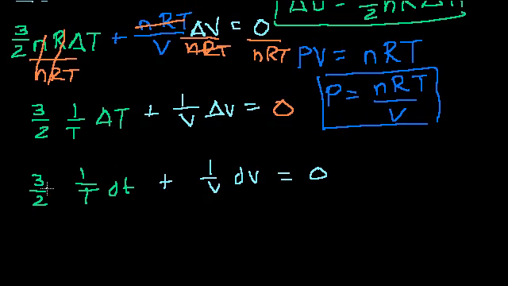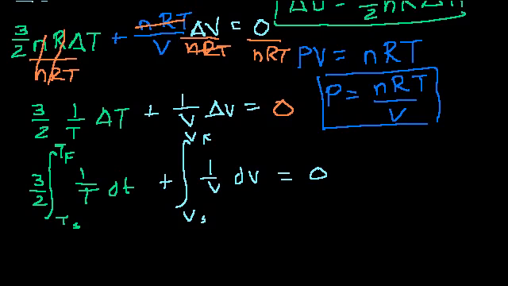Now I want to integrate over the total change in temperature and the total change in volume. So I want to go from temperature start to temperature finish, and from volume start to volume finish. Fair enough.